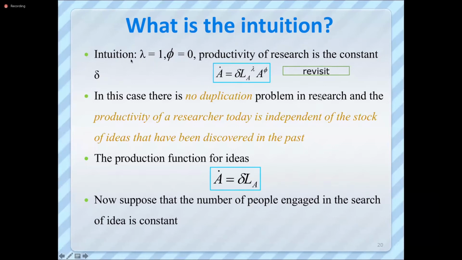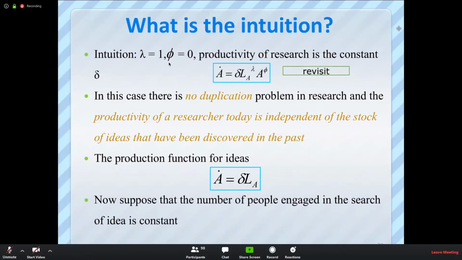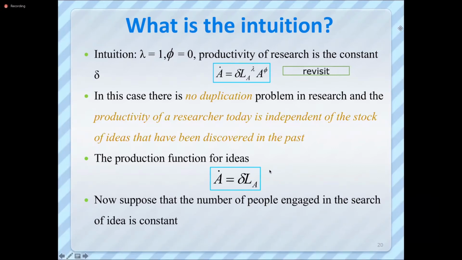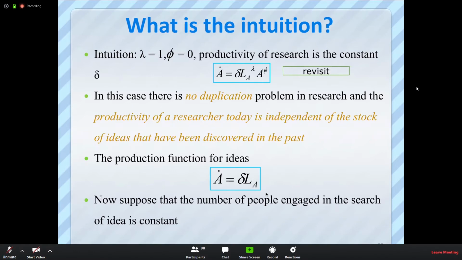Right? So with lambda taking the value of 1 and P taking the value of 0, equation 2.6, our general production of ideas, becomes, sorry, this first box here, I've written 'revisit' because we are revisiting 2.6. Therefore, with these values, we have this production function for ideas where A dot is equal to delta LA.